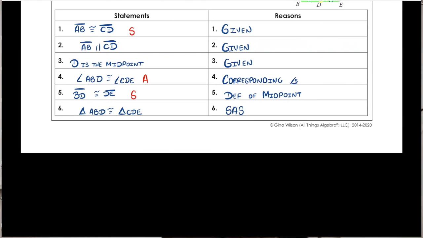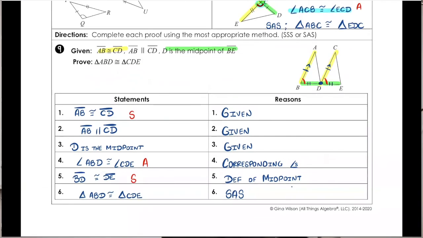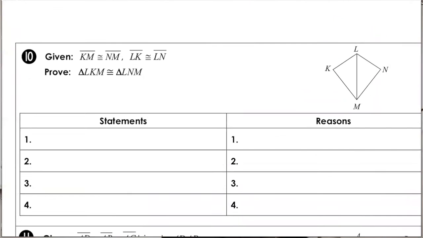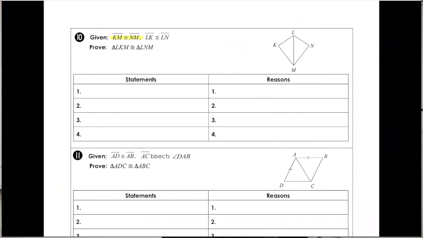All right, let's do one more, and then y'all can start your homework. And I'm here to help if you get stuck on a proof. All right, so I need to write in your givens. This one's a little easier. KM is congruent to NM.